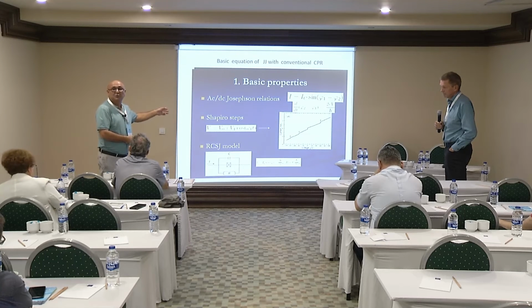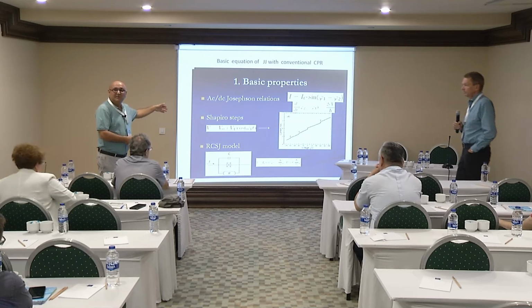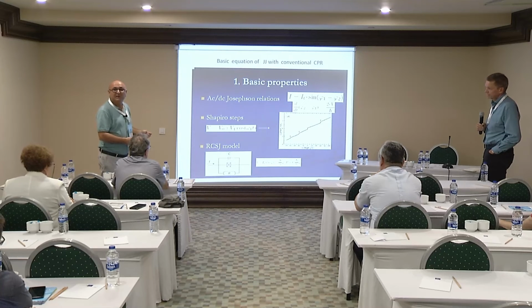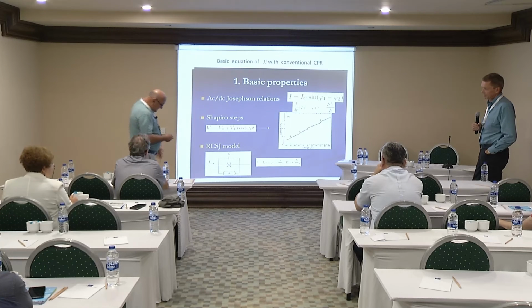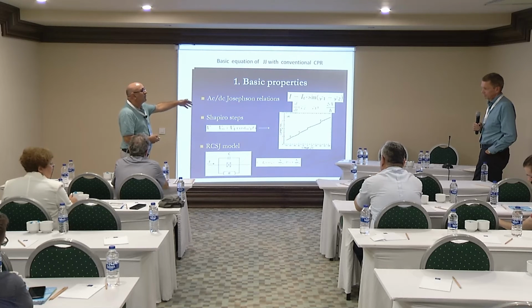But using Bogoliubov-de Gennes equations, we cannot get to the simple sine phi Josephson current. Here we have a more complicated expression. But in our studies, for example in our calculations, it is enough.